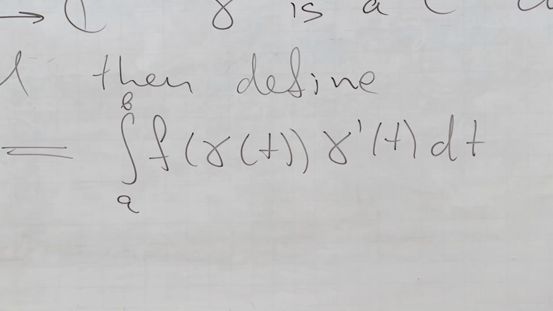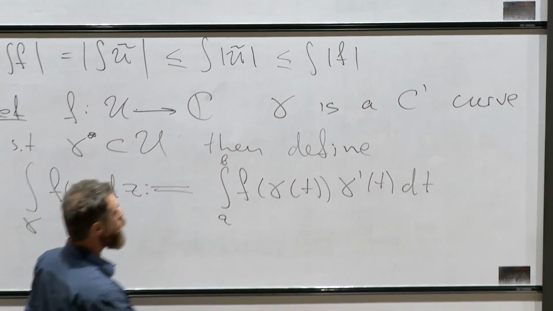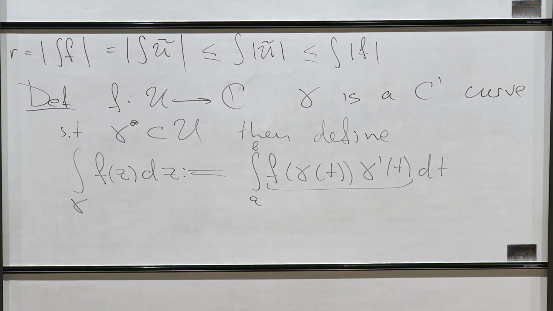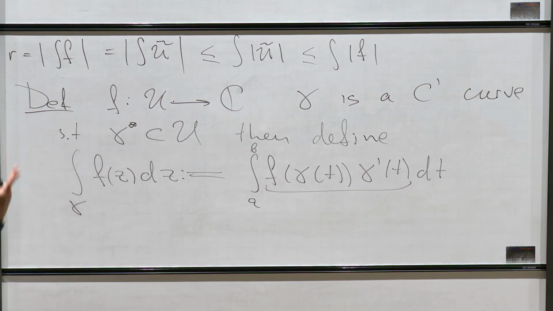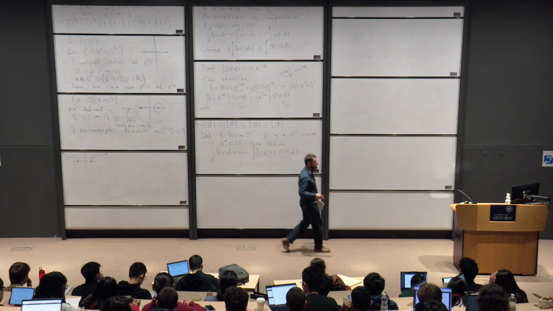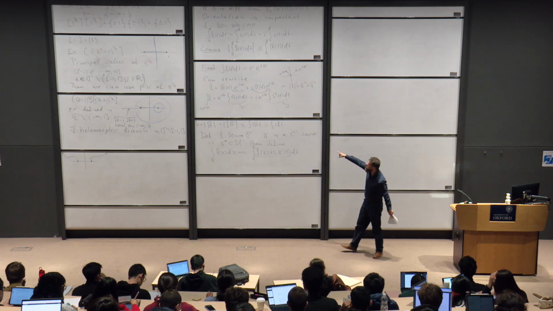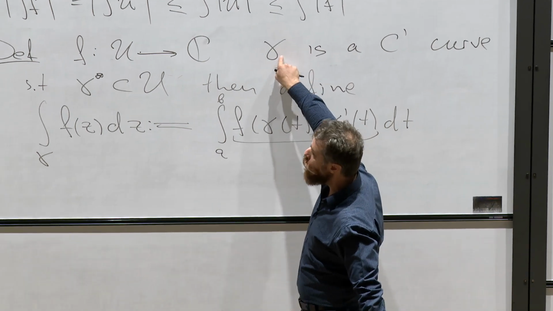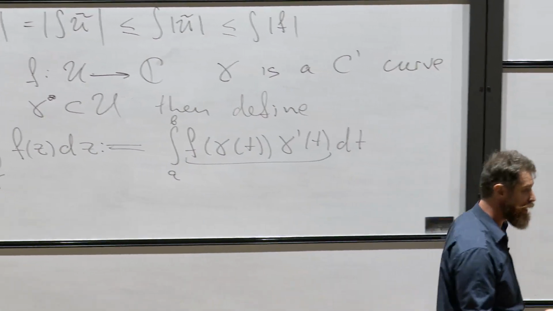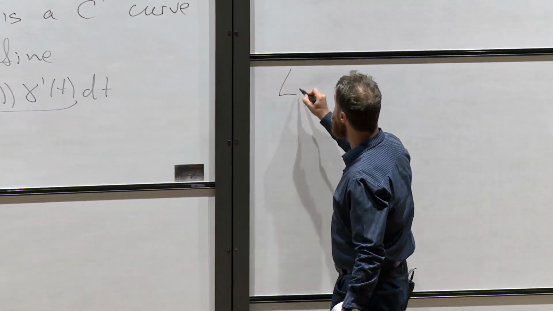It's a very, very natural definition, but the important thing is that this is a nice complex valued function of a single real variable. Well, here we know how to define it. And now we can define integrals of functions along curves. The important thing is that our integral depends not really on gamma, but on its equivalence class. So we have the following lemma.